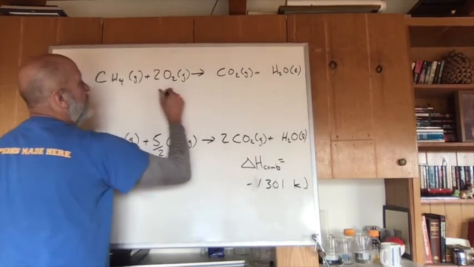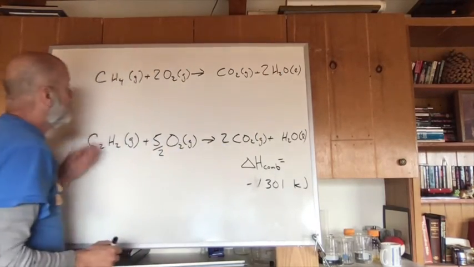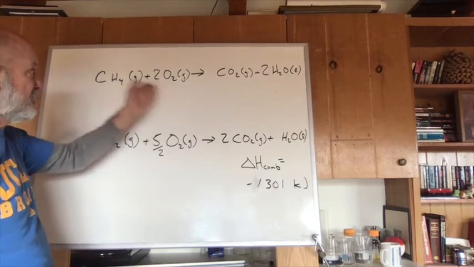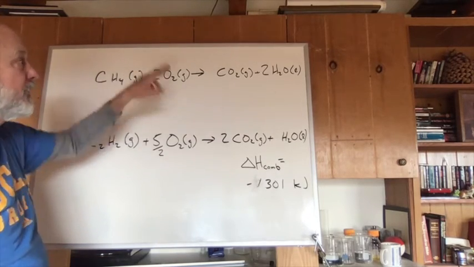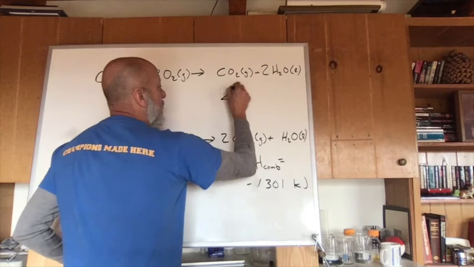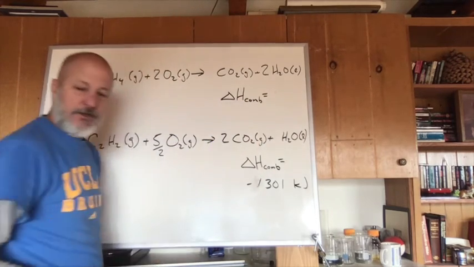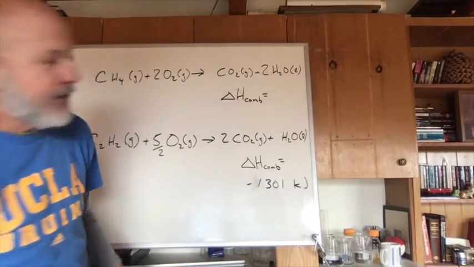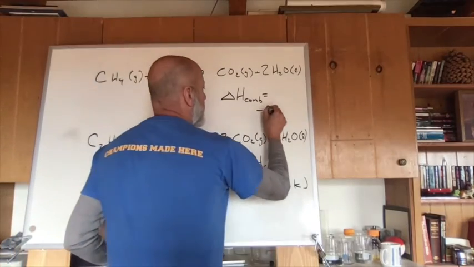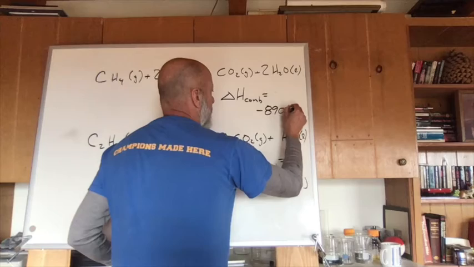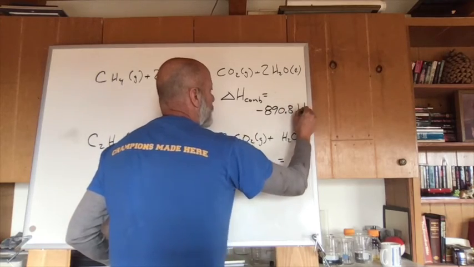Balance it: 1, 2, 1, 2. It's already a 1, so I don't have to do anything with it. It's 1 mole. When I burn 1 mole of methane, how much do I get? I look it up in the table, and it says the enthalpy of combustion for methane is negative 890.8 kilojoules per mole.